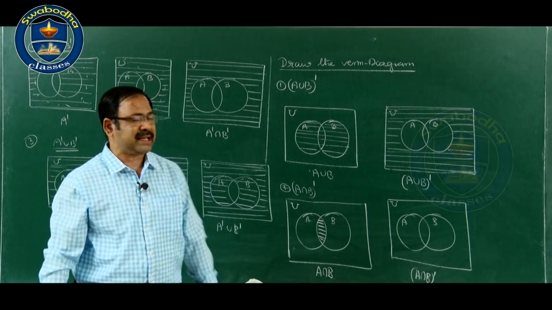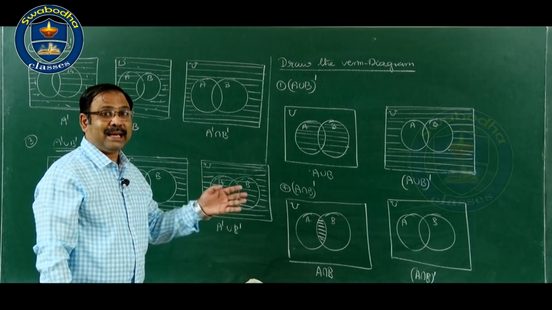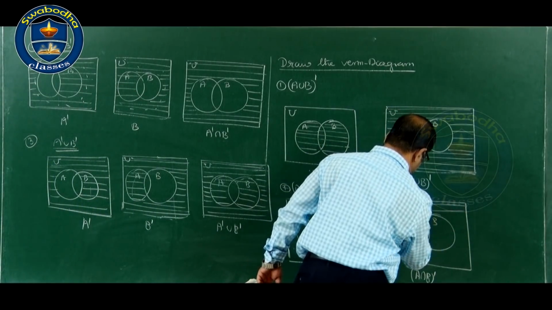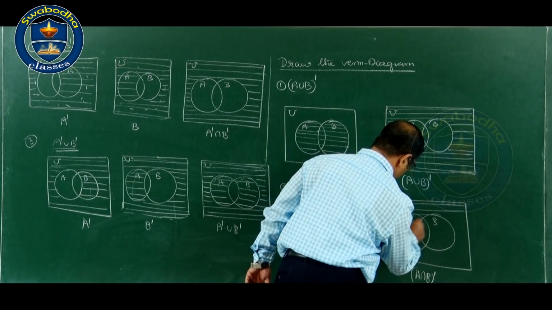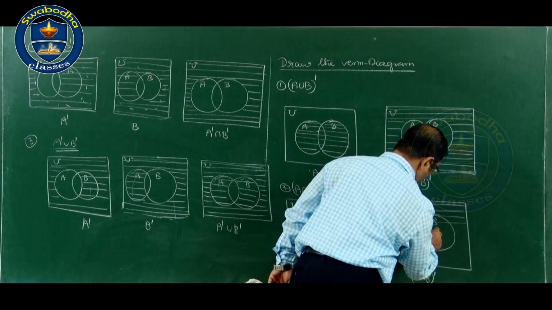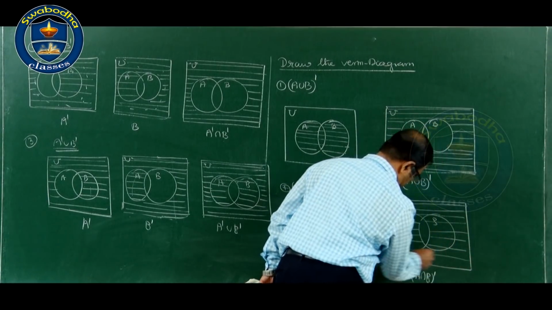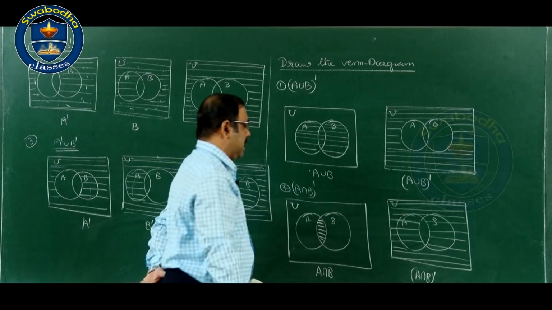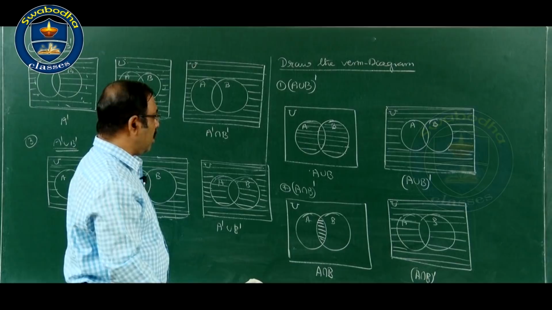What is that, A intersection B complement? It is U minus A intersection B. So this entire result will be there. See, this is U, A intersection B complement.